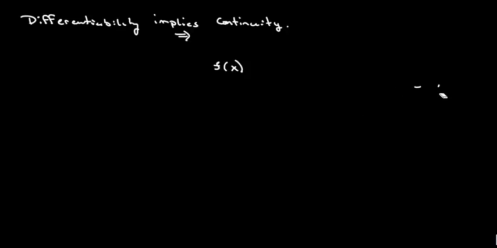I'll do my best in explaining why things are the way they are here. Okay, so when you do a proof, you start out with what you know and then what you want to show. So we know that if a function is differentiable, let's call our function f of x, we know that f of x is differentiable.